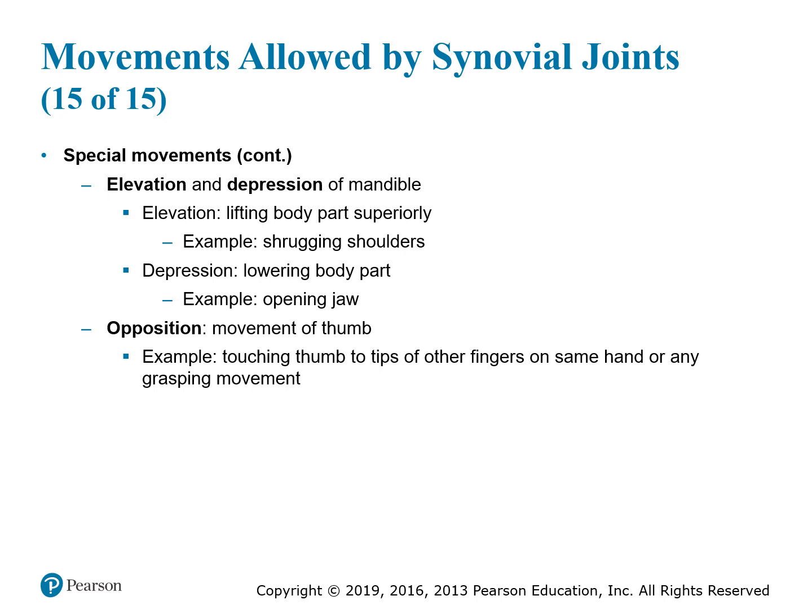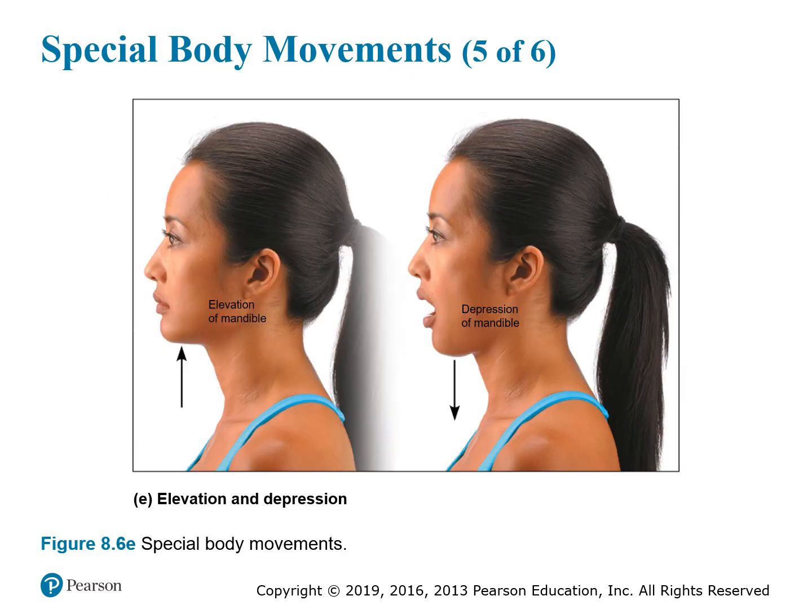Opposition occurs with the movement of the thumb. An example is when you touch your thumb to the tips of the other fingers on the same hand, or in a grasping movement. Here we have elevation of the mandible and depression of the mandible.